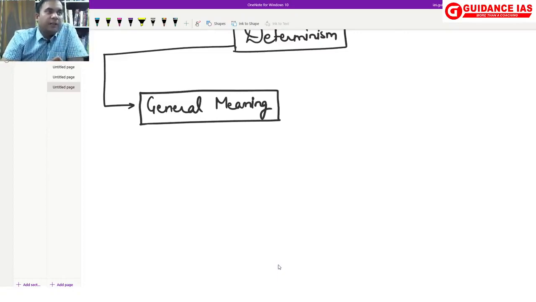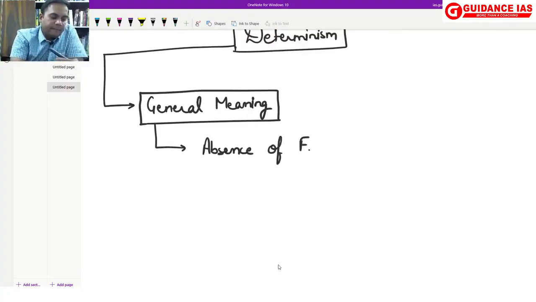Okay. So when we are talking about determinism, determinism is what? The general meaning of determinism is that there is absence of free will. That means we don't have any will to determine our destiny. That means simply what?